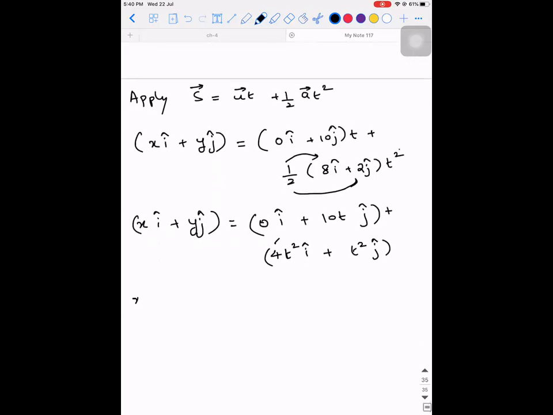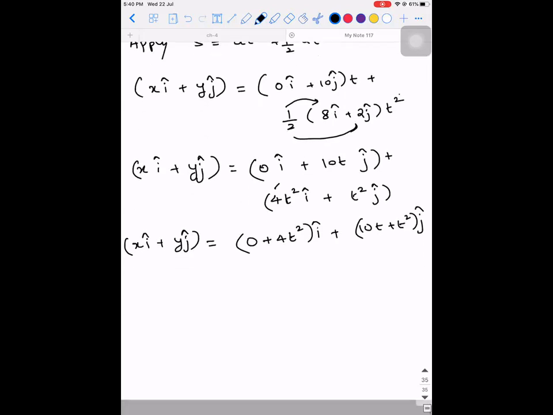So x i cap plus y j cap is equal to, collecting all the i cap terms, 0 plus 4t square i cap plus 10t plus t square j cap. Is it clear to this step? Yes, sir.